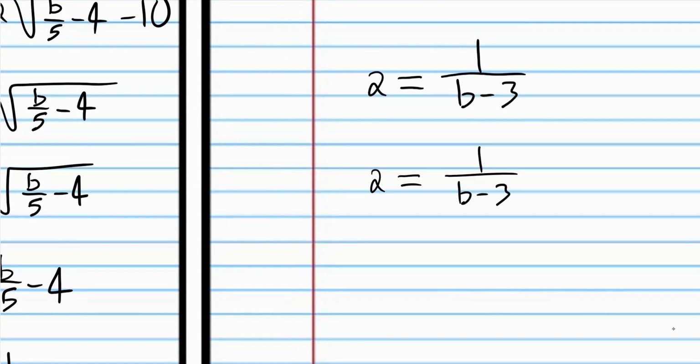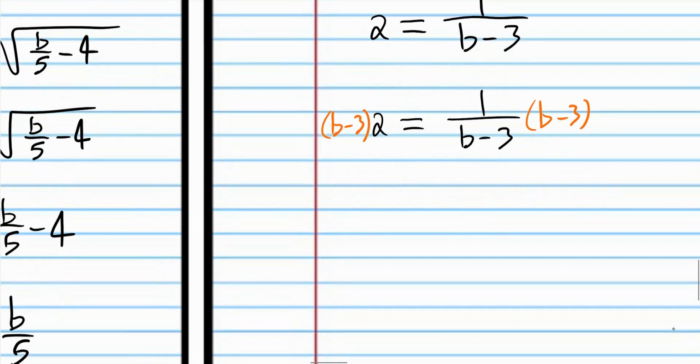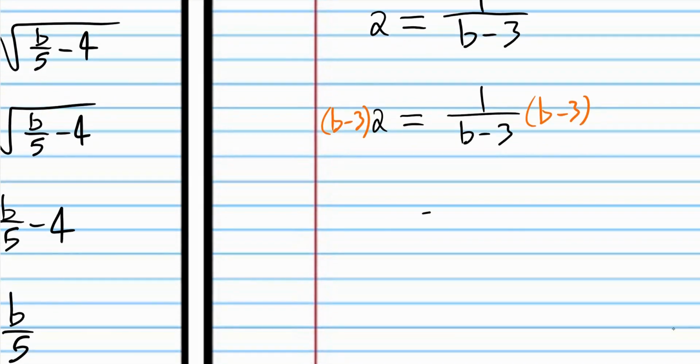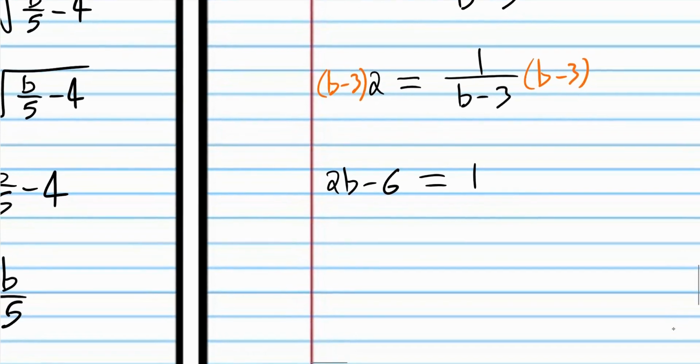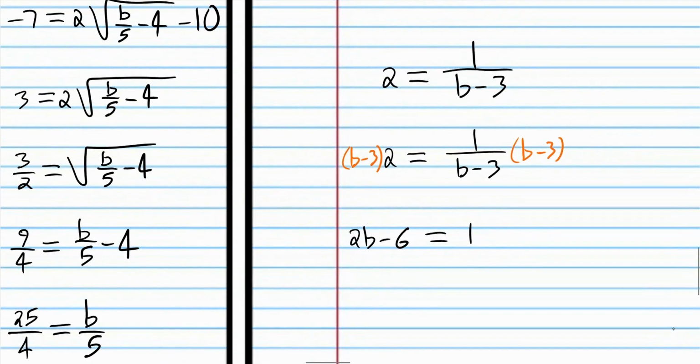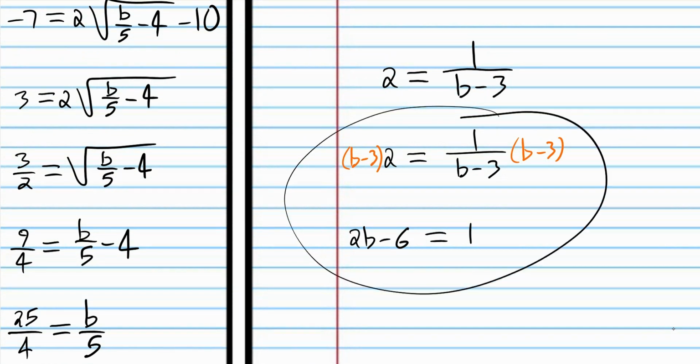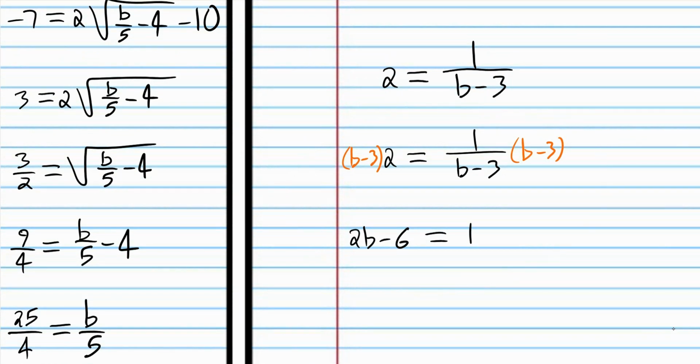And even with the second method, you don't have to write this down. You can actually do this in your head. Now, some students might say, well, wait a second, if you can do this in your head, why don't you do it in your head? Well, because then you wouldn't see any of the work that I'm doing. So I just want you to be aware that you don't have to show this work.